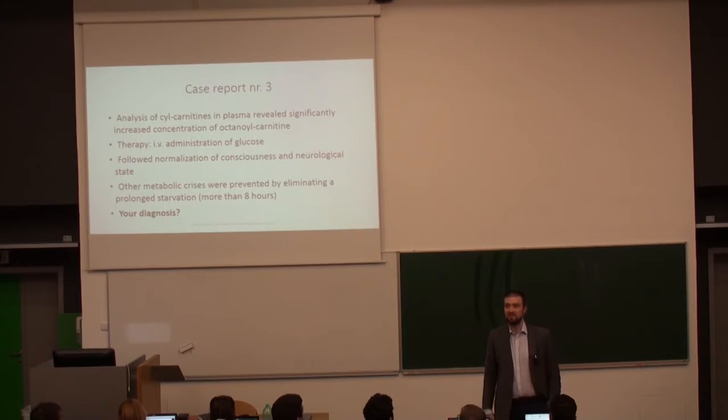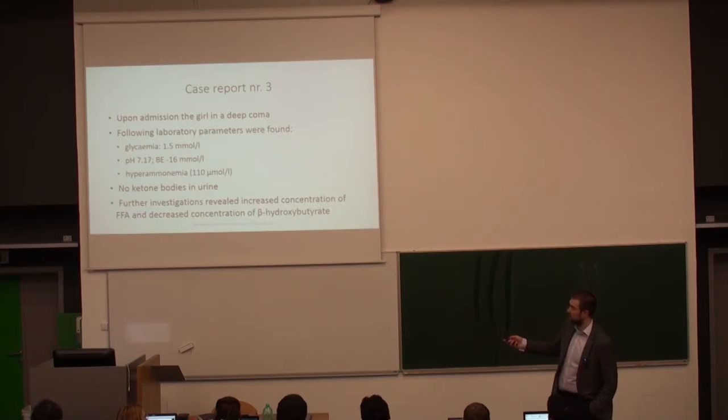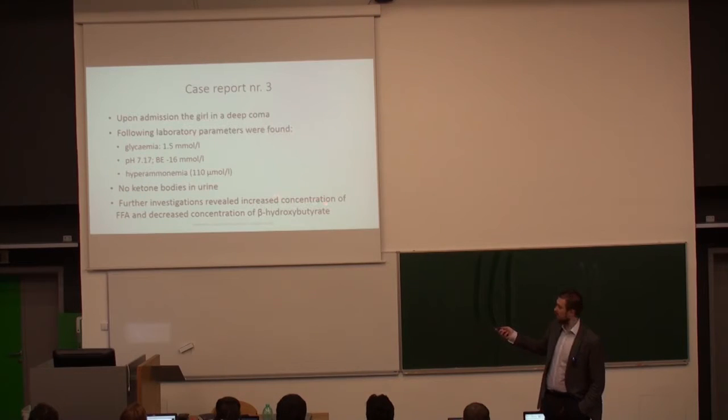Deficiency in some enzymes concerning the transfer of fatty acids within the mitochondria. That's one possibility. So, in general, we can say that it can be some defect of beta oxidation. You have high fatty acids and no ketone bodies, and the girl is starving.